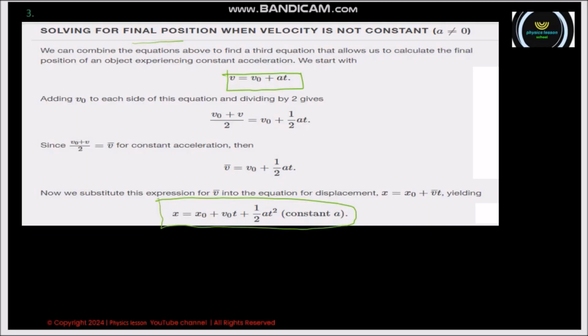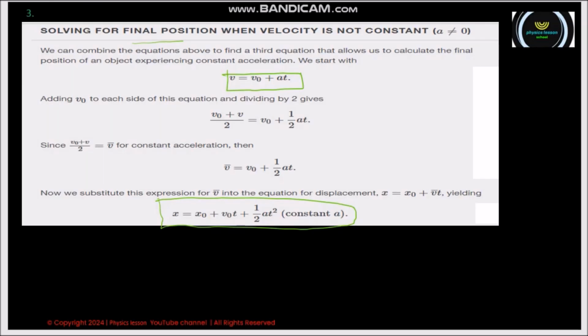The first, look, we already know final velocity is equal to initial velocity plus acceleration times time. Now it says add v naught, the initial, to each side of the equation. Okay, let's add the first step.